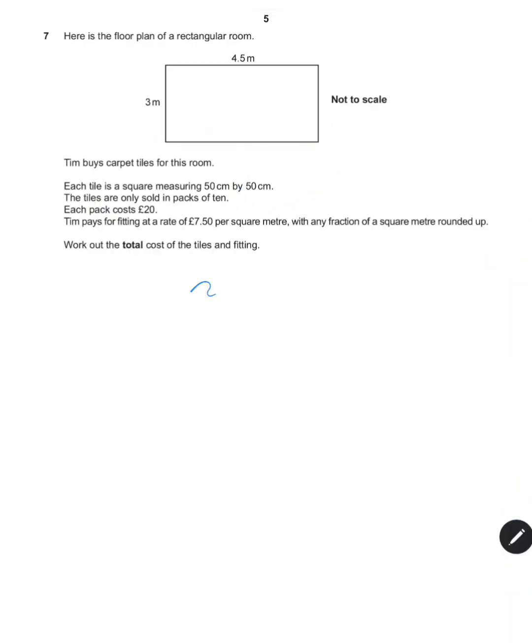Question 7, loads of information in this question. But what we've got is a floor being tiled with carpet tiles. And straight away it says each tile is a square measuring 50 centimetres by 50 centimetres. And in my plan of the floor, I'm in metres. So the first thing I'm going to do is convert these to centimetres.